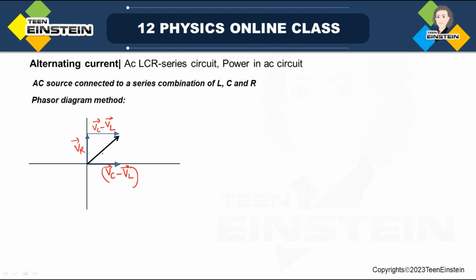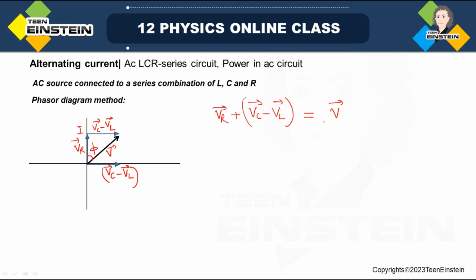So what will be the resultant? This one is V, say. And let us suppose this V is making an angle phi with this VR. VR means this direction is for the current also. That means the resultant voltage is making an angle phi. So what can we write from here? I can write VR plus VC minus VL, the resultant of this, will be equal to the resultant vector.